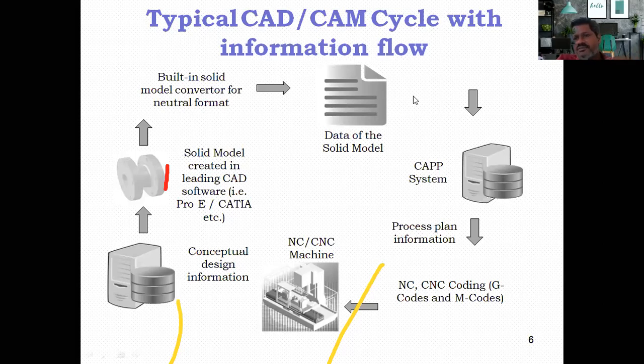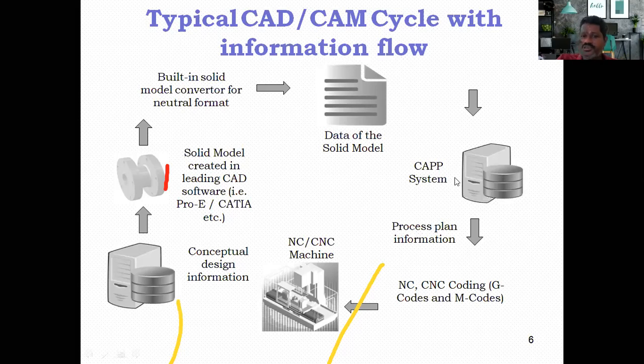After analyzing the part, and when you are satisfied with the analysis, the next step is process planning. In process planning, you decide what machine you are going to use, and cutting parameters like speed, feed, and depth of cut are selected during this stage.